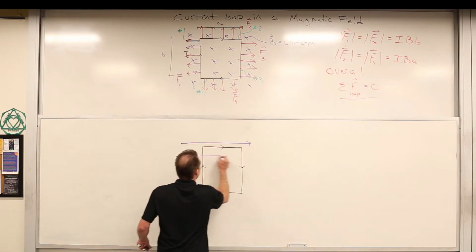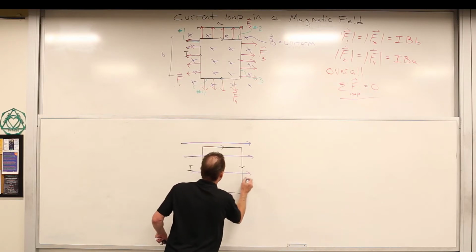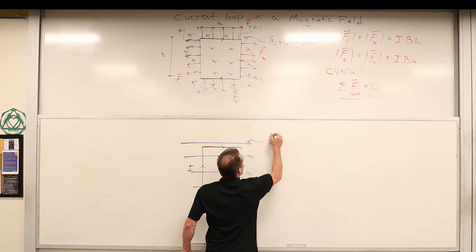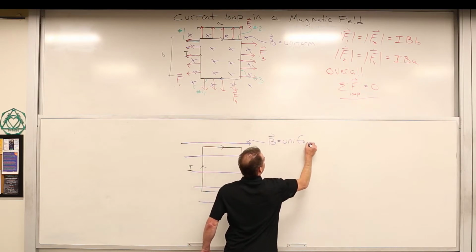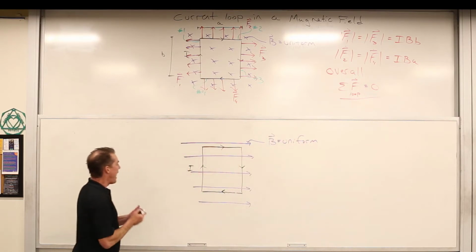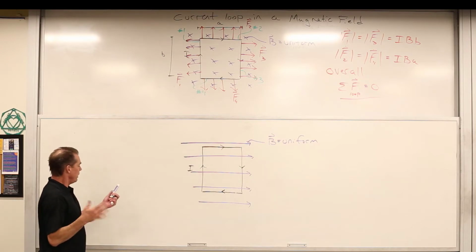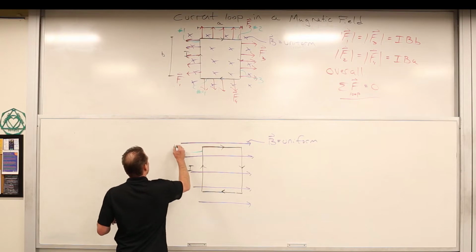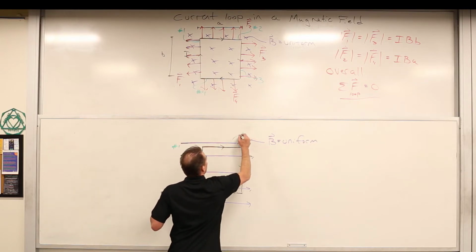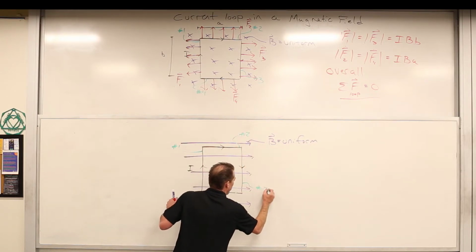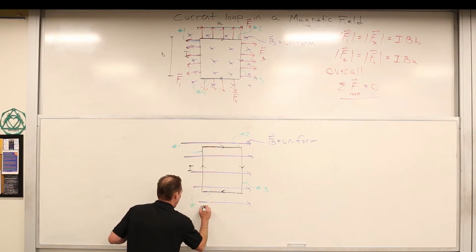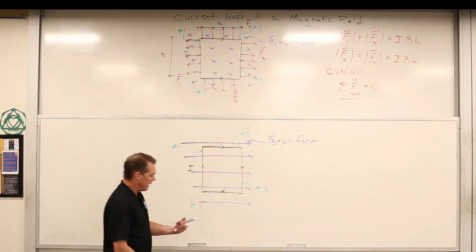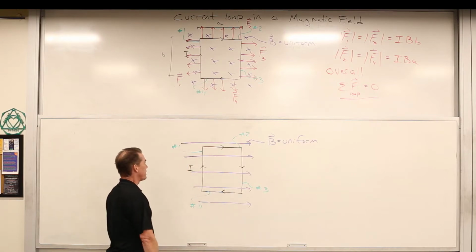So all over in space, we've got this nice uniform magnetic field. Pointing that way. And what we want to do, again, is look at these separate segments here. So, still got ourselves a number 1, number 2, number 3, and a number 4 segment-wise. And we can go ahead and start looking at the individual forces on those segments.